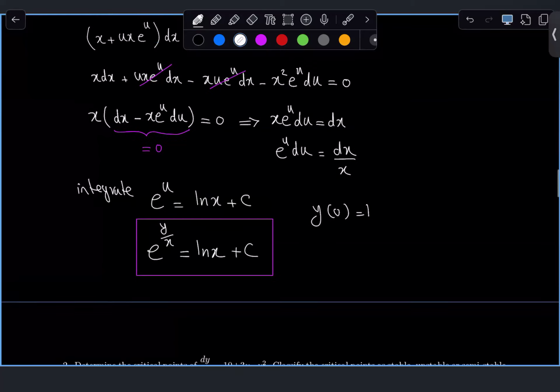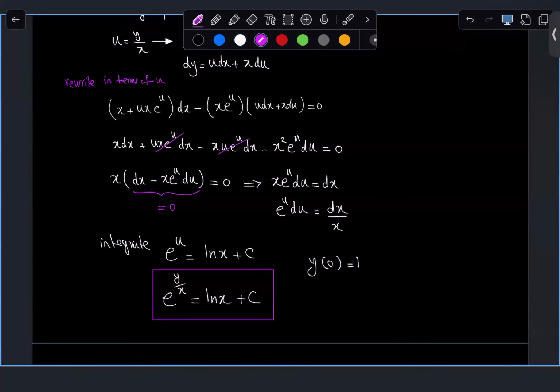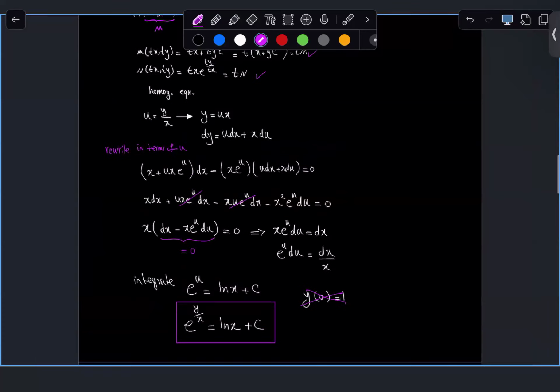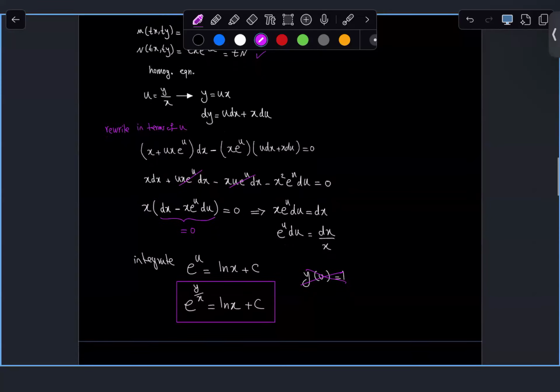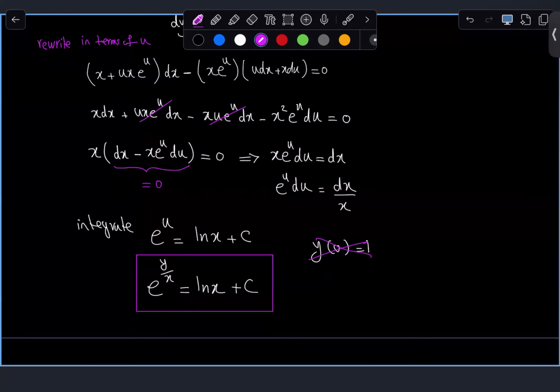I think this initial condition was wrong, probably. It's a typo. I have to go back and check it. So for now, let's forget about that. I'll double check, because x equals 0 doesn't make sense here. Let's say we just have the general solution, not the specific one.